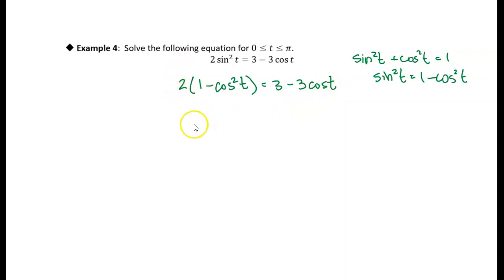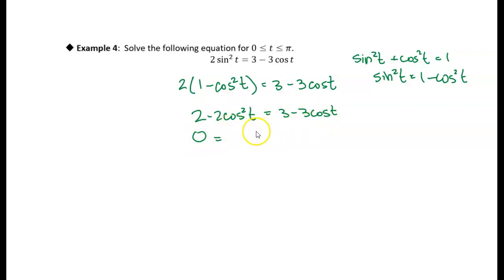Now I'm going to distribute the 2, so that becomes 2 minus 2 cosine squared of t is equal to 3 minus 3 cosine of t. And then I can rearrange it. This is one where you're going to get a quadratic equation in terms of cosine. So I'm just going to set this equal to 0 and move everything to the other side.